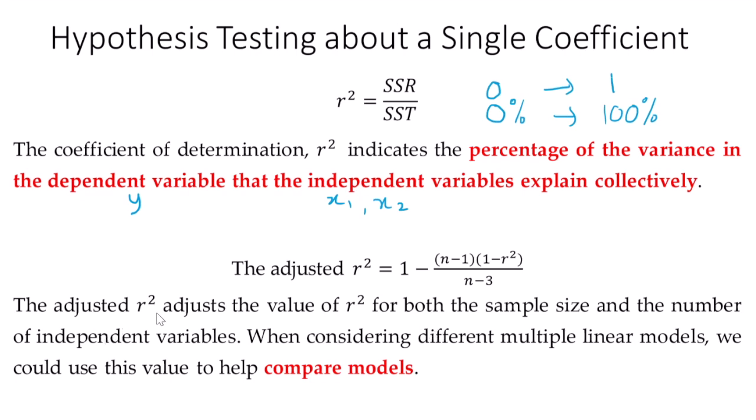Unlike the R-square, which increases when a new independent variable is introduced, whether it improves the model or is not useful, the adjusted R-square only increases if a new independent variable improves the model.